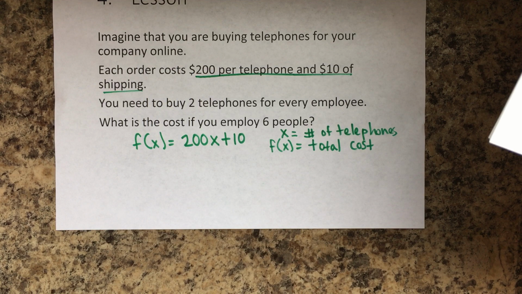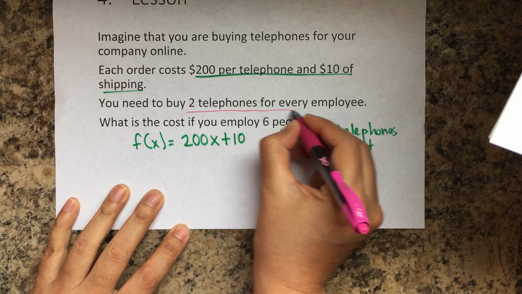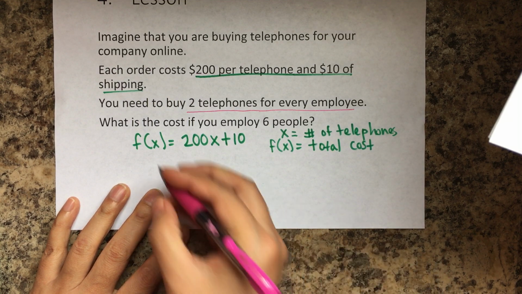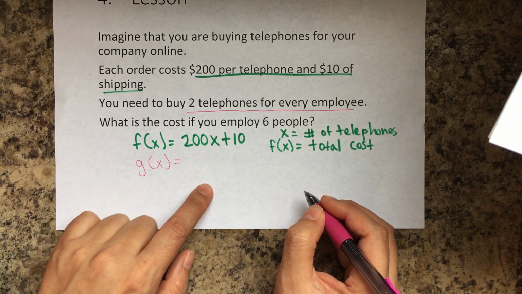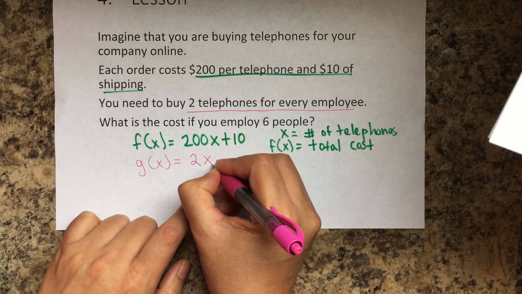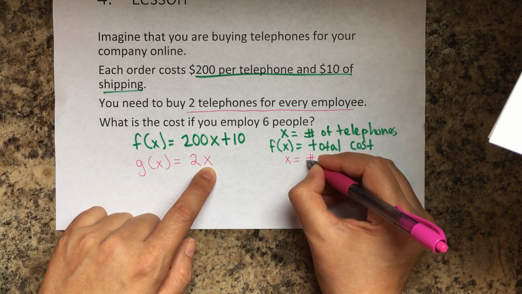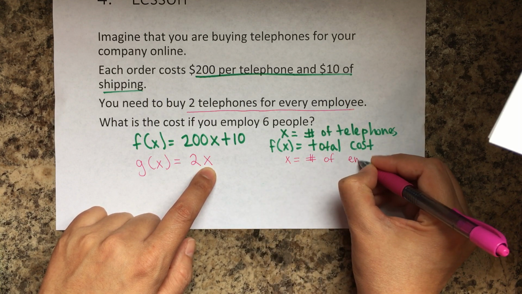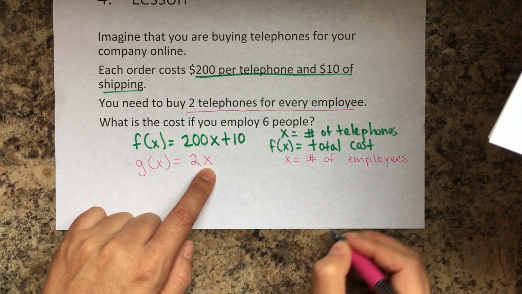For the next one, it says you need to buy 2 telephones for every employee. So my g of x is 2 telephones for every employee. What does the x represent? The number of employees that you will have.